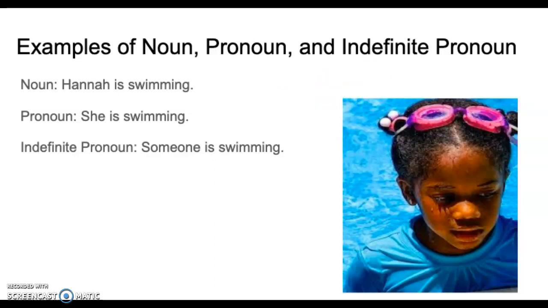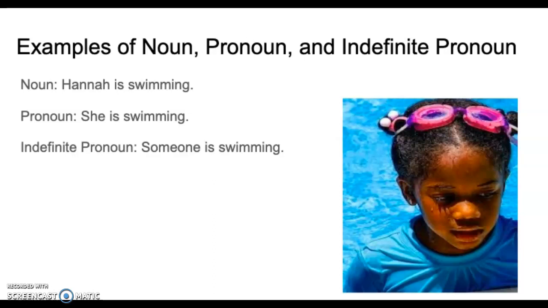So a noun is specific, a pronoun is generally slightly specific, and then an indefinite pronoun is very broad. So let's talk about this. If I was saying a noun, I'd say Hannah is swimming. So there's Hannah. If I used a pronoun, I'd say she is swimming. I changed Hannah to she.